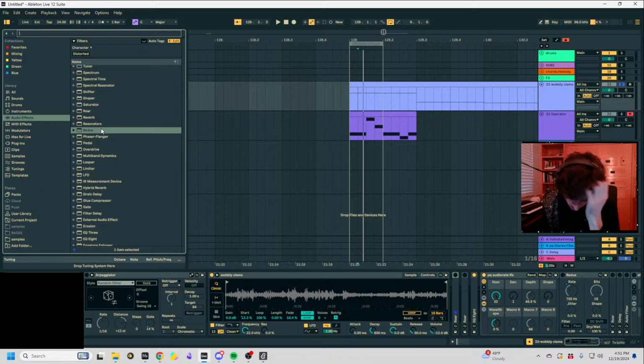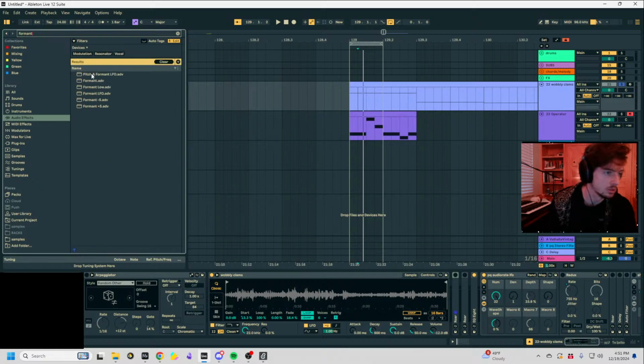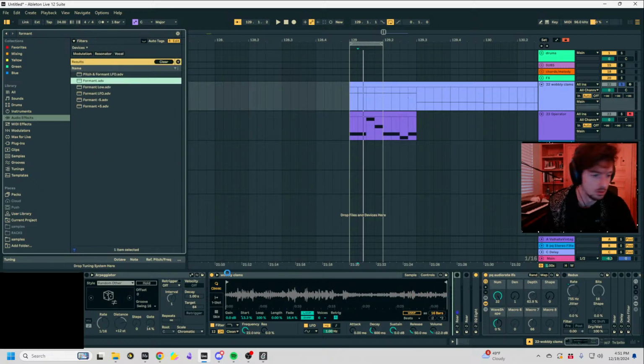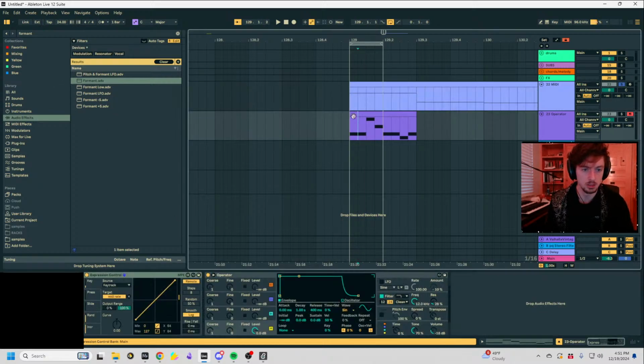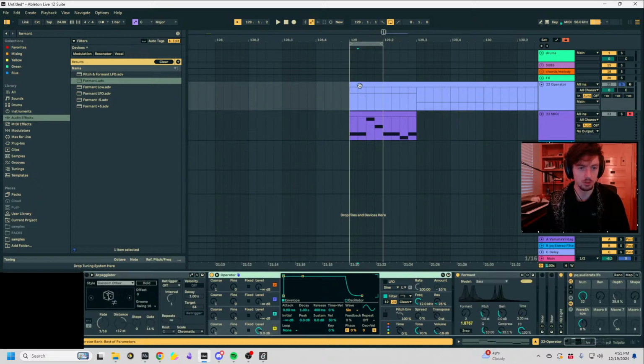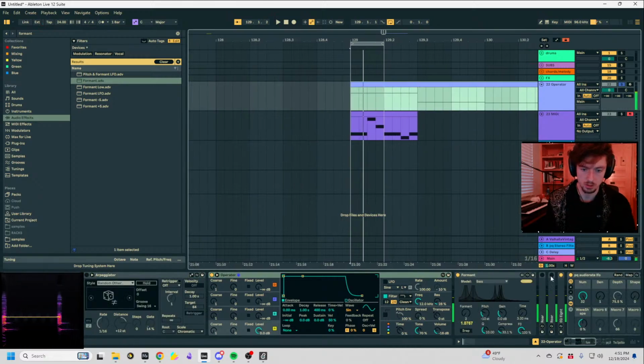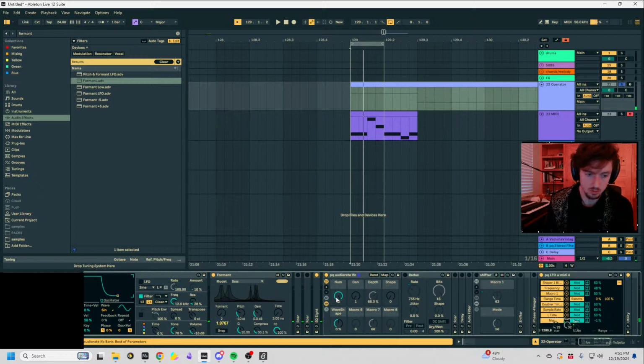I mean, you can audio rate modulate a whole. Ooh, formant filter. Let's do a formant filter. Goodbye. And then let's put operator on you.